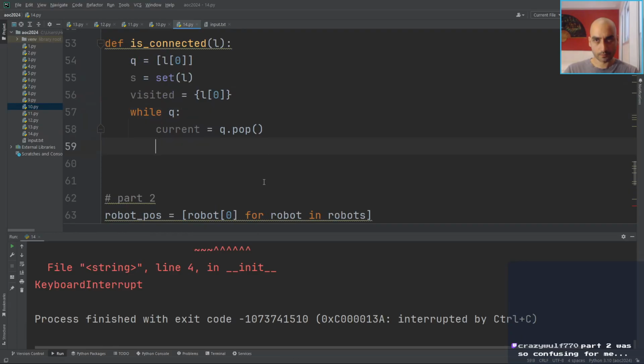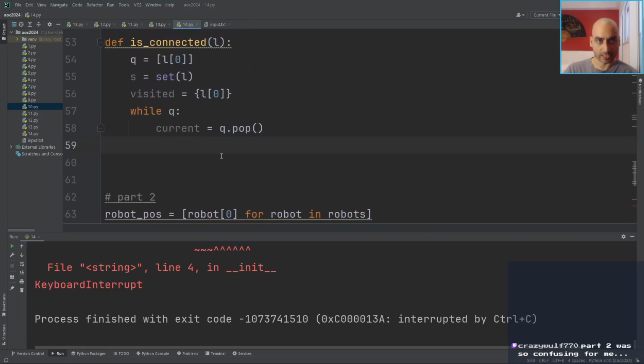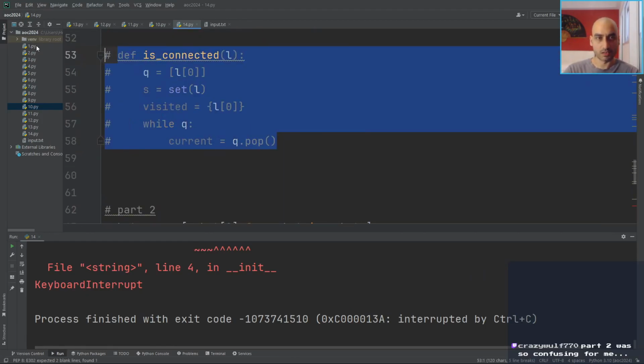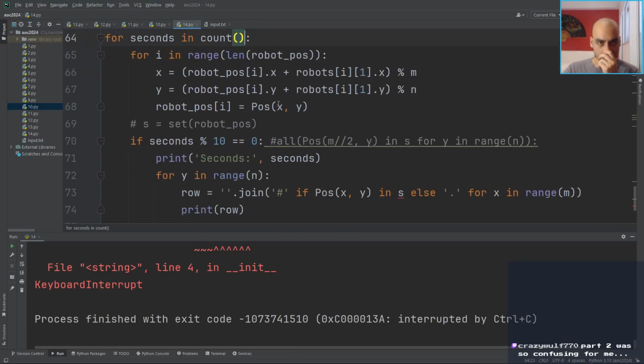Okay. Part 2 was so confusing for me. Yeah, I still don't know what this Christmas tree is going to look like. So the only assumption I'm using now is whatever it looks like, it's going to be connected. Like, it could be symmetrical and in the middle. But this is not detecting it. Or, okay, I could do one more thing here. Instead of assuming it's going to fully cover the middle, let's just cover a little bit of the middle.